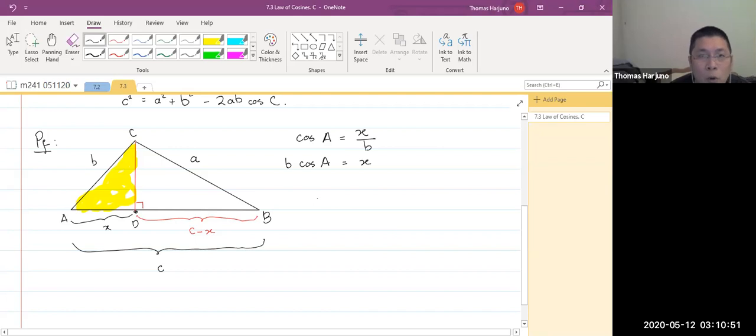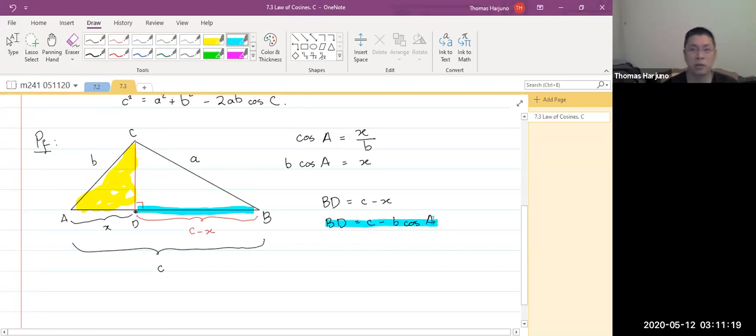So BD must be c minus x, which is c minus b cosine A. So the length here, c minus x, is the same as c minus b cosine A.